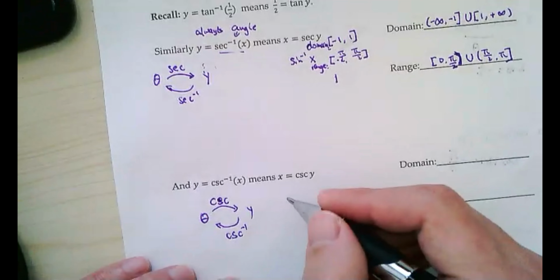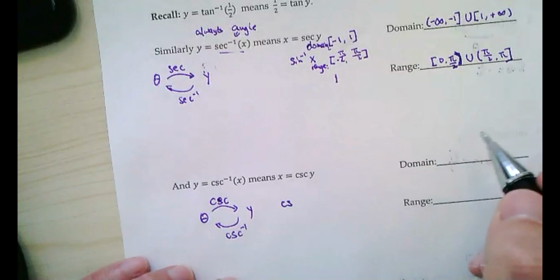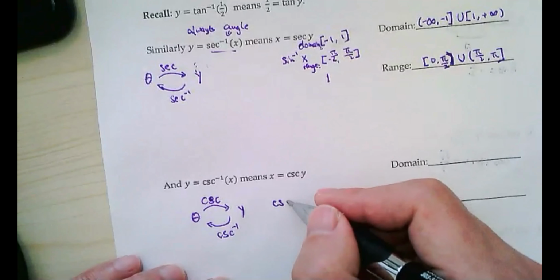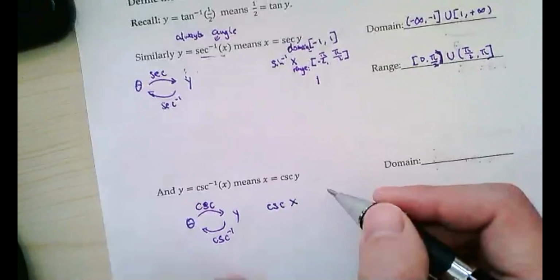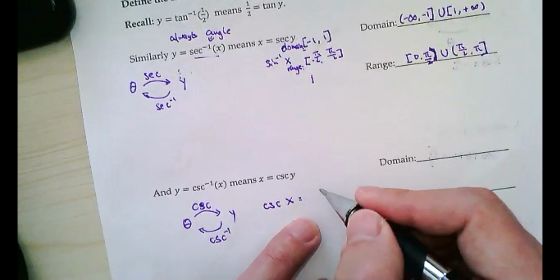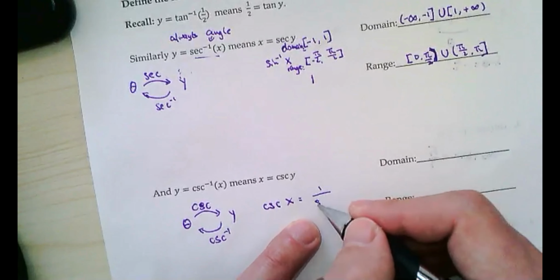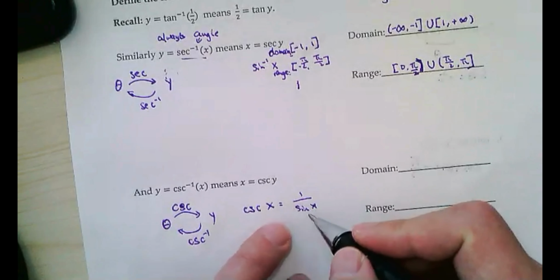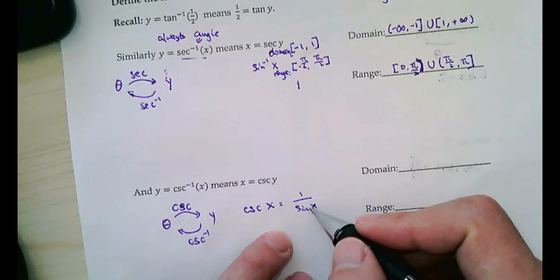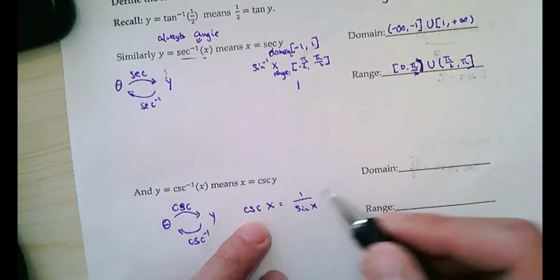However, again, in order to figure out the domain and range, how is a cosecant defined? It's 1 over sine. So where we restrict sine, we use the same area to restrict cosecant.